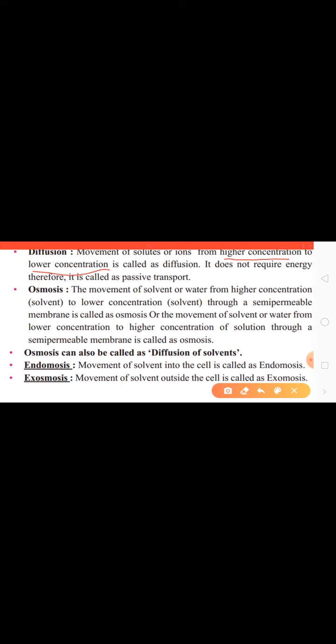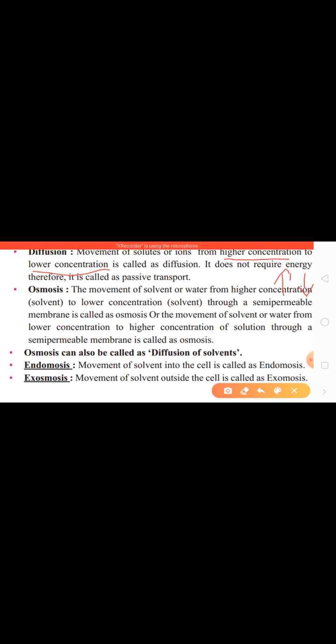So from where to where will the molecules move? The molecules will move from the higher concentration to the lower concentration. So this way the movement of molecules is possible, and this process of movement of molecules from higher region to lower region is called diffusion.